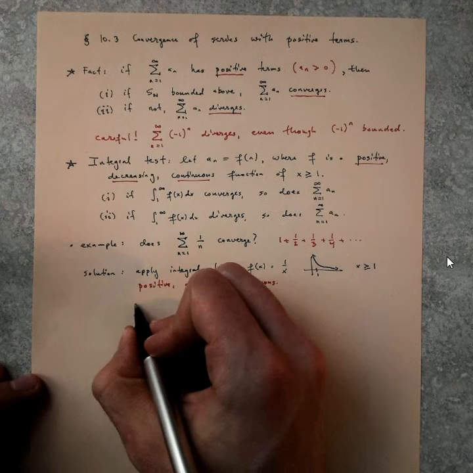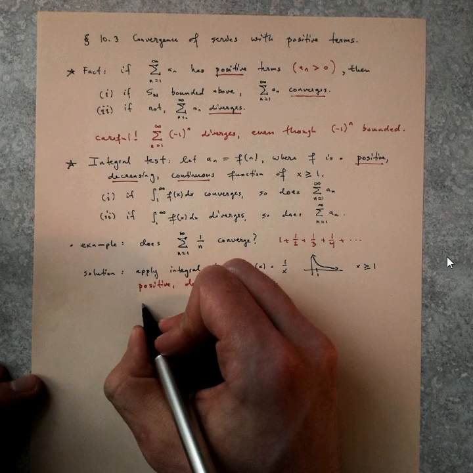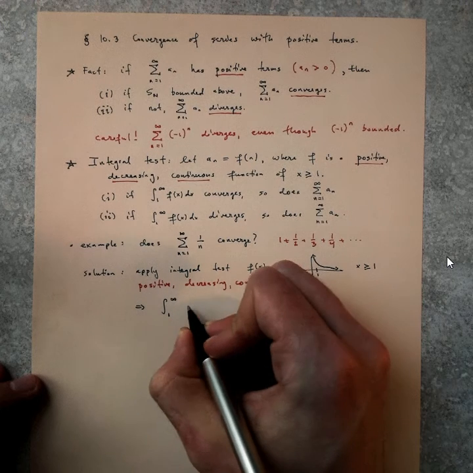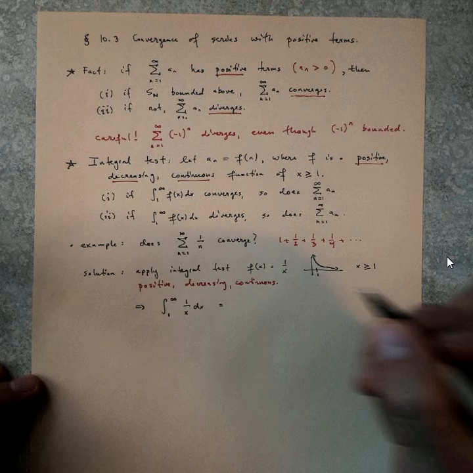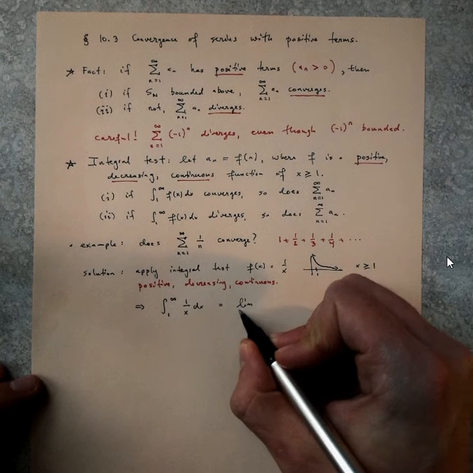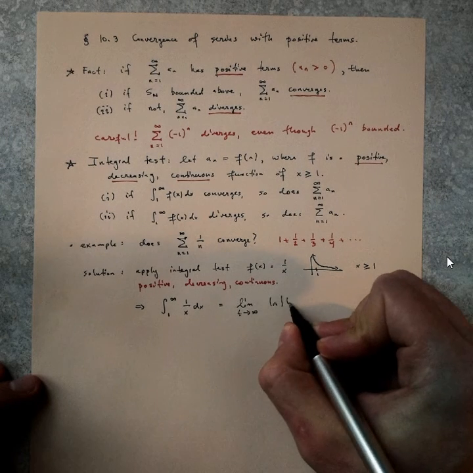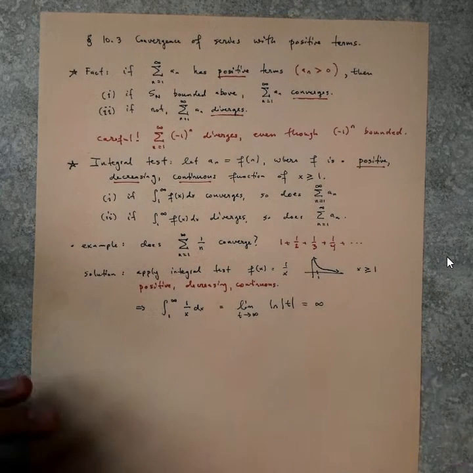So, rather than computing the sum, I'll just compute the integral. So let's look at the integral of 1 over x dx. This is an improper integral, so this is going to be the limit as t goes to infinity of the natural log of the absolute value of t, which we know is infinity.